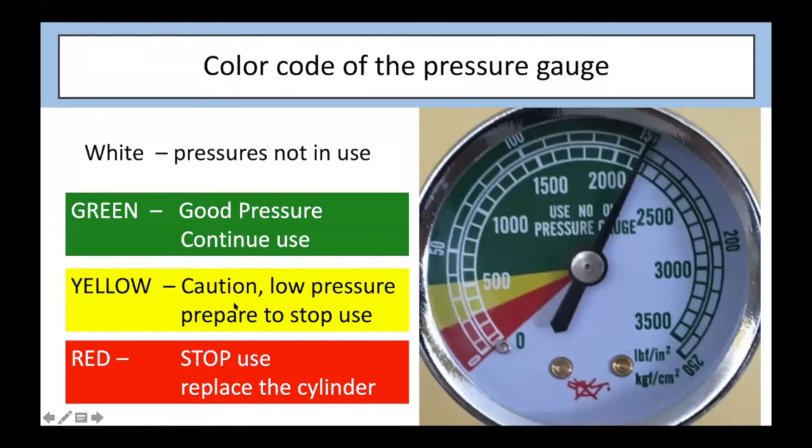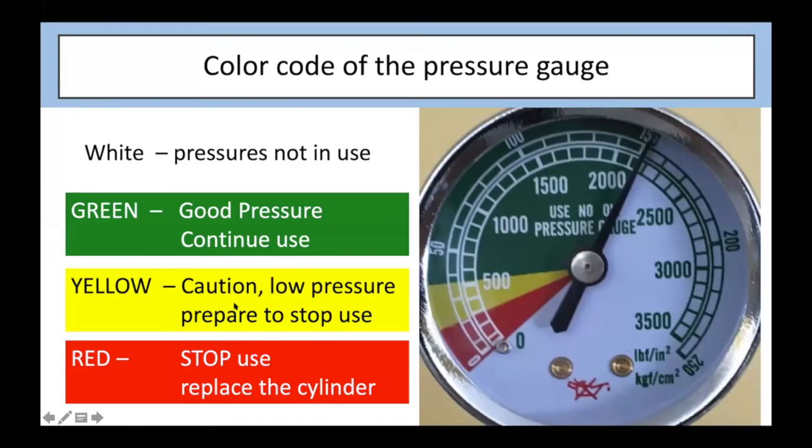That part of the gauge, which is in white, are pressures that are not in use. They're above the 2,200. If you see a pressure like that, it's been overfilled. Most filling stations will not allow the pressure to be filled beyond 2,200 or 2,250. It just will not be allowed to be pressurized in the cylinder to that much.